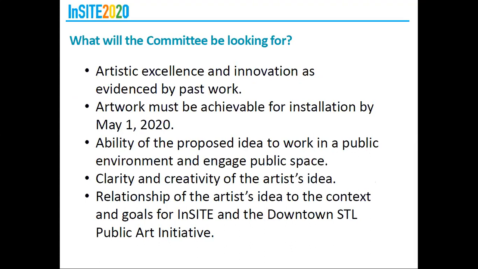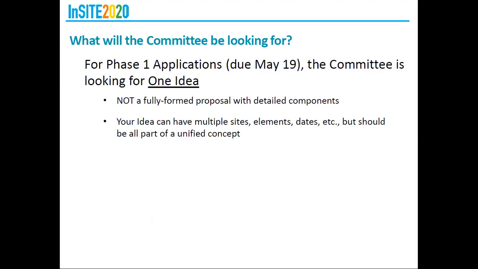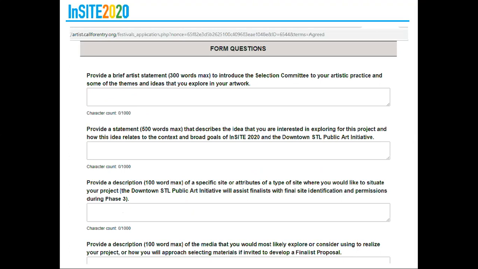We're not asking you to sketch or draw or render an actual idea, but we want the written idea, and that written idea will be an important part of the selection process. So for phase 1, the committee is looking for one idea, not a fully formed proposal, and it can have multiple sites or elements or dates, but it all should be part of that unified concept.